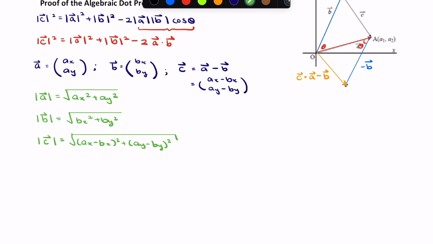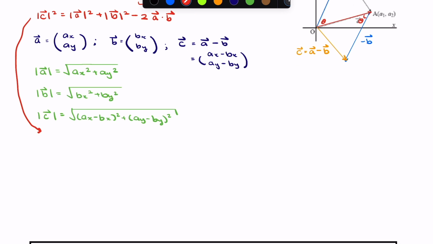Here, if we rewrite our equation and sub in what we just solved for in terms of the magnitudes, we'll get ax minus bx squared plus ay minus by squared. This entire thing represents the magnitude of c squared.